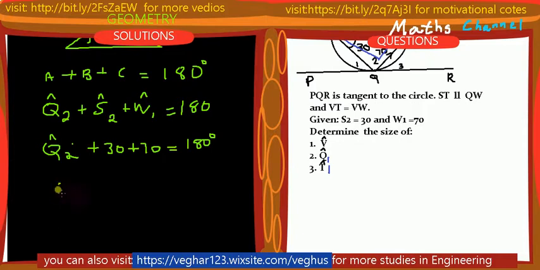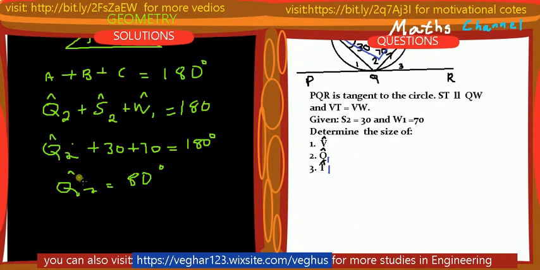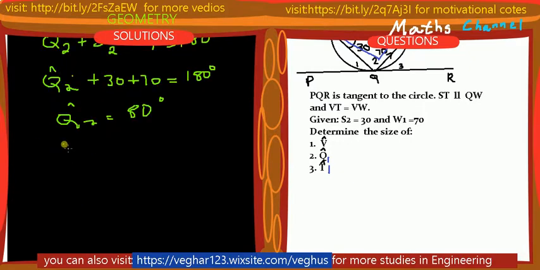Then solving for Q2, we'll have 80. The reason for this one is angles of a triangle all give you 180.